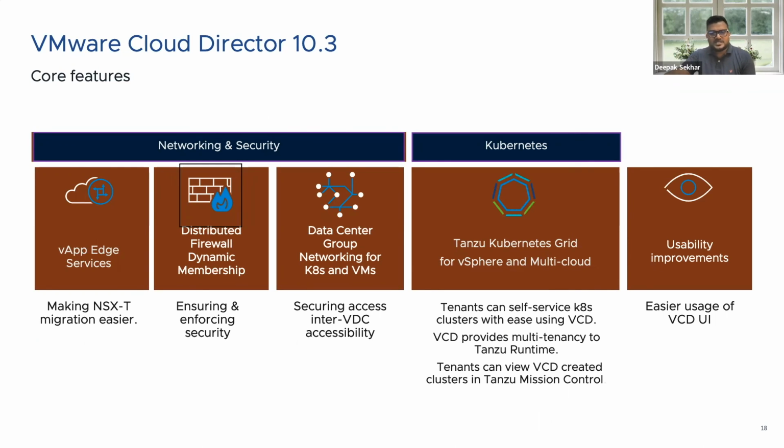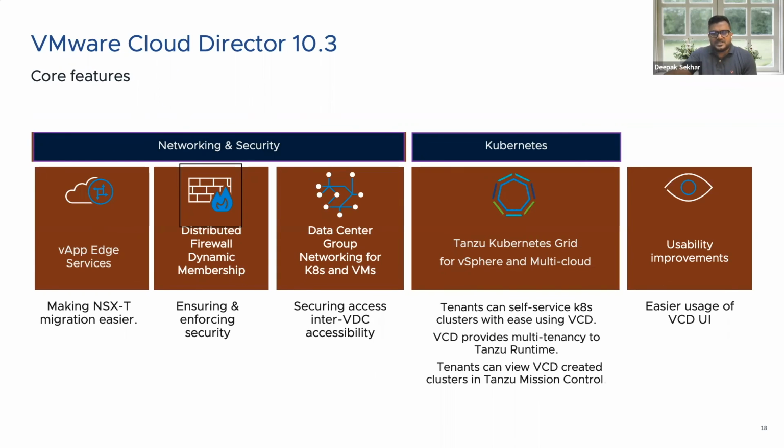As far as Kubernetes is concerned, this release brings complete Tanzu support for Kubernetes Grid for vSphere and multi-cloud, particularly supporting multi-tenancy automation, making tenant isolation possible for Tanzu Kubernetes Grid for vSphere.